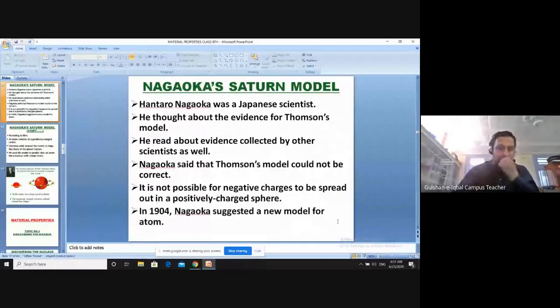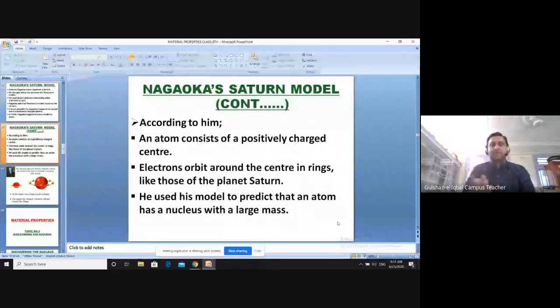So what he suggested is that an atom consists of a positively charged center, and the electrons are going to orbit in a ring, like, for example, the planets revolving around the sun in a ring, or you can say the planet Saturn. Because of this, his model was known as Nagaoka's Saturn model.